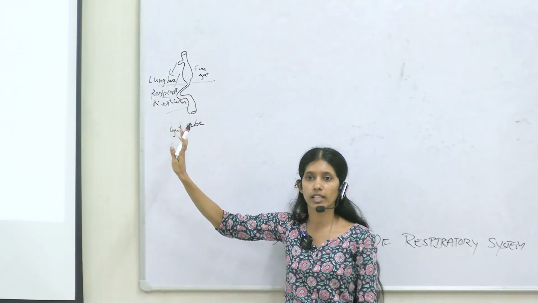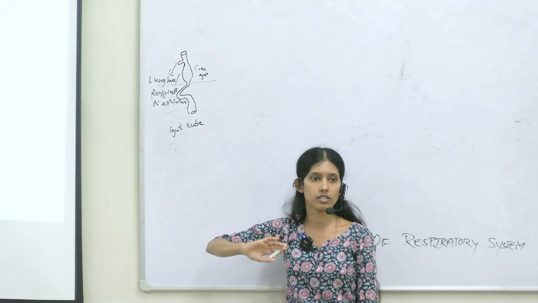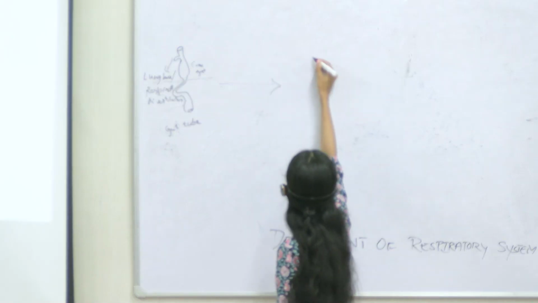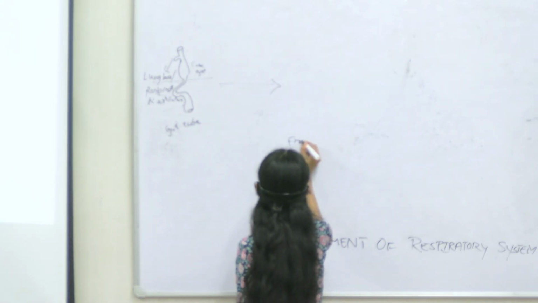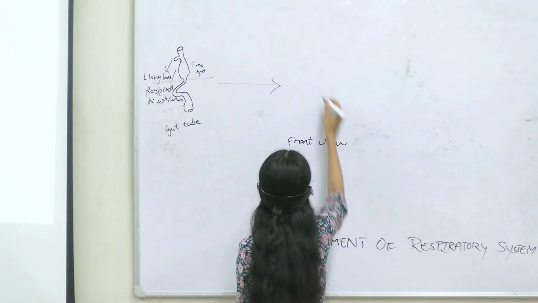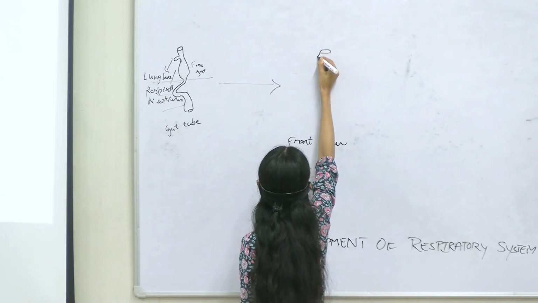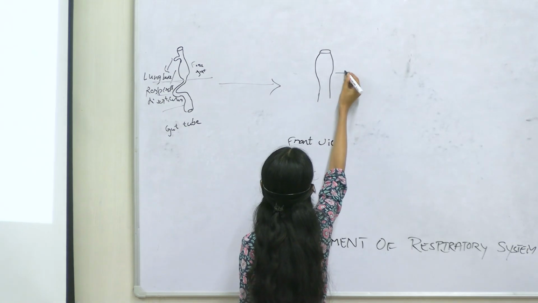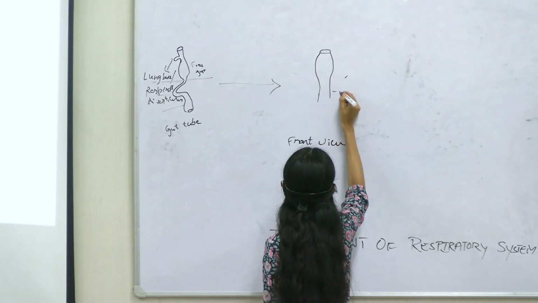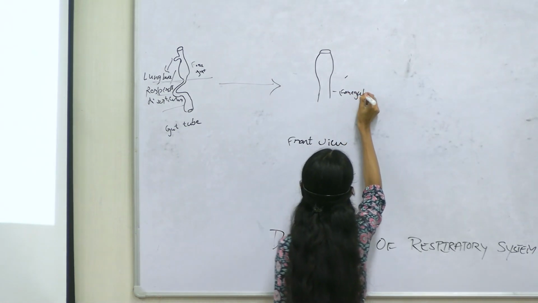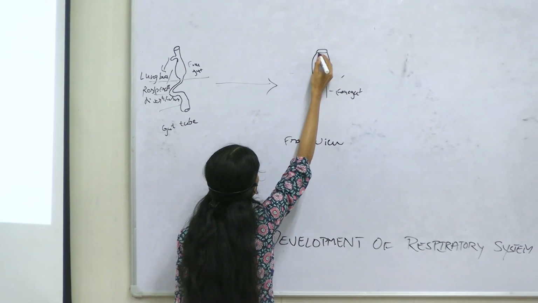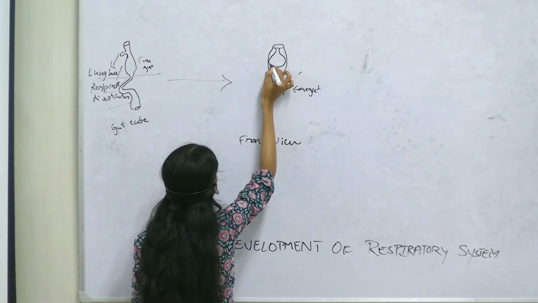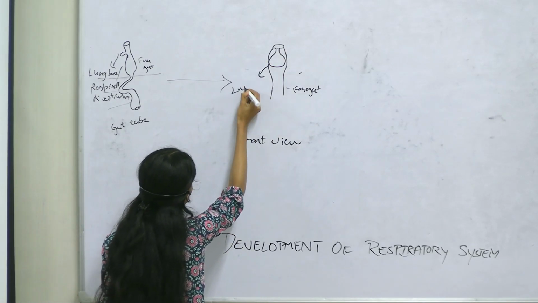From this respiratory diverticulum, your respiratory system is going to develop, okay? This is foregut. This is your lung bud.